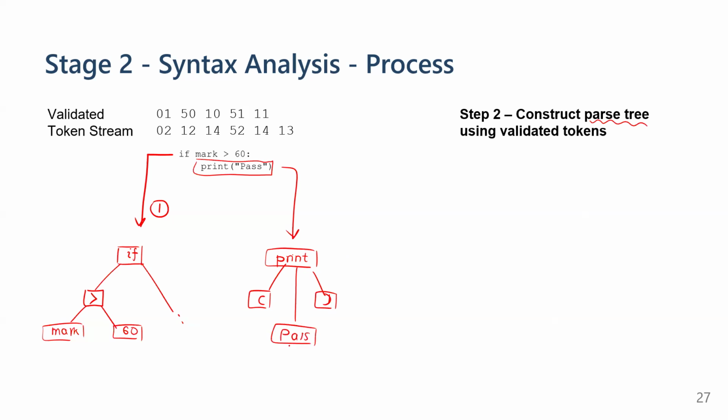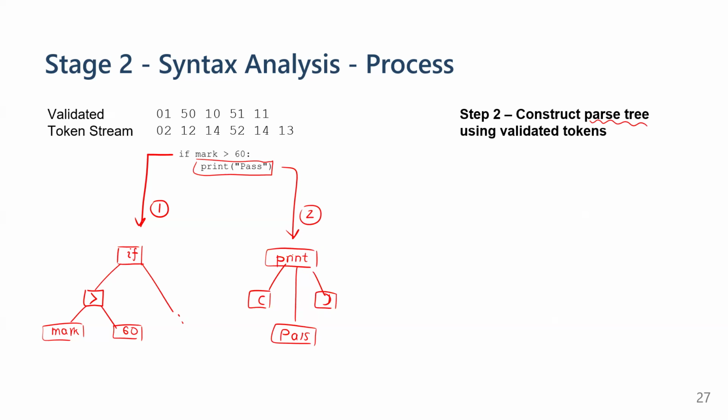But again, the structure of this itself is not part of the syllabus, but the idea is that you take your validated token stream and you essentially construct these hierarchical diagrams to represent how each token is related to other tokens, so that the next stage, specifically the code generation stage, can understand how each code block is related to one another, because then you can run tree algorithms to convert this parse tree into valid code.